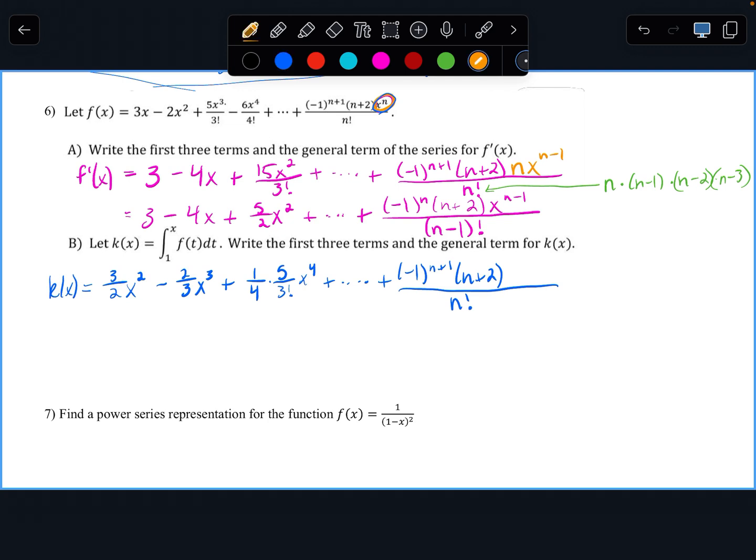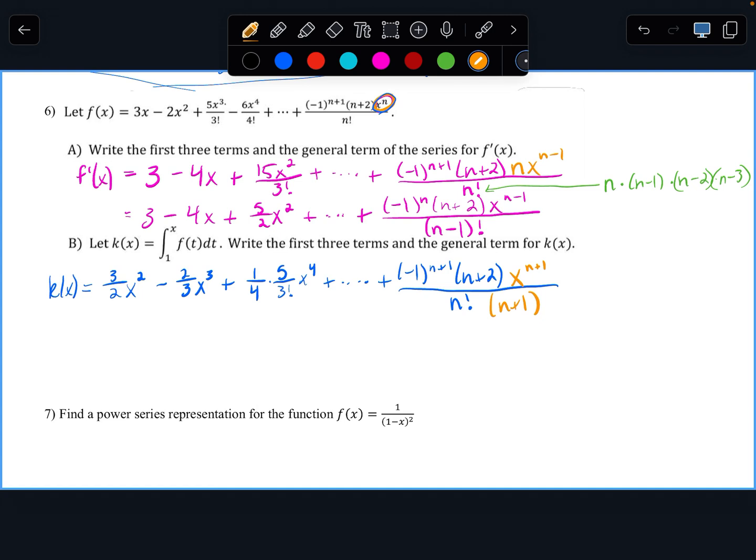And then you're going back to your roots of what an antiderivative is, right? You take your x and you add 1 to the power, and you divide by the new power, right? So it'd be n plus 1. That would be doing just straight up the x part of it for an antiderivative.